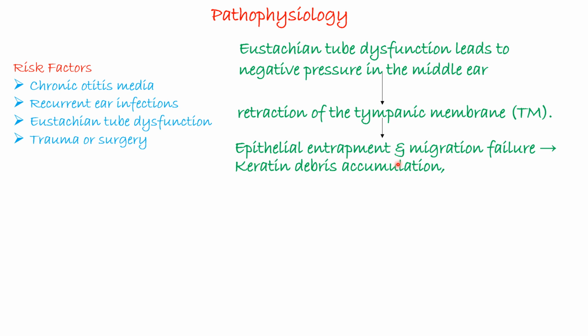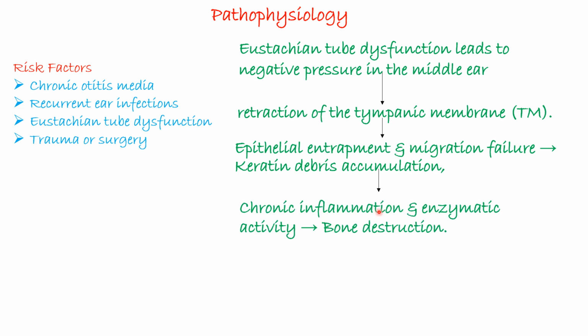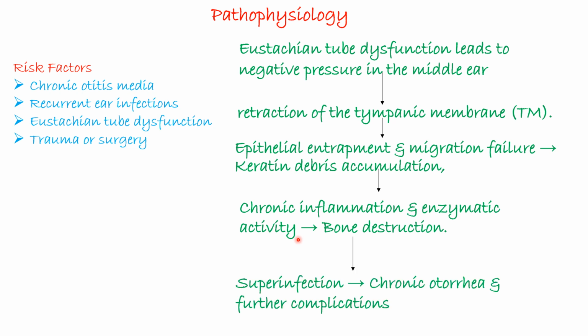If it fails to migrate, you have keratin debris accumulation. This then leads to chronic inflammation and enzymatic activity, and therefore bone destruction. It will also be a site for infection, and you can have superinfection and chronic otorrhea. A distinct feature of cholesteatoma is foul smelling ear discharge and further complications.